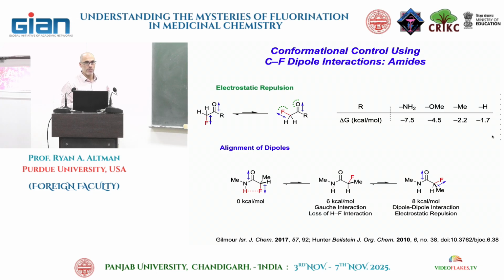Now, in another model system, we can also see that intramolecular hydrogen bonding can further reinforce conformations. In addition to the dipole repulsion, this model system has an amide, an alpha carbon with a fluorine atom, and then some other group attached, and it can have several conformations.